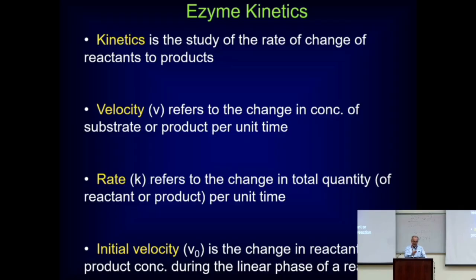It means the reaction is in a linear phase. The enzyme catalyzed reaction is in a linear phase, and that's typically called the initial velocity. Okay, I'll explain that a little later on again.